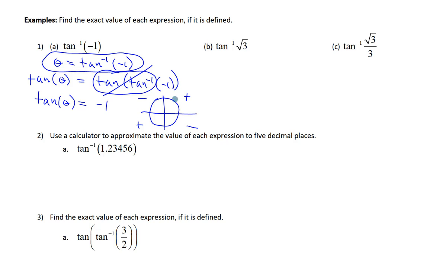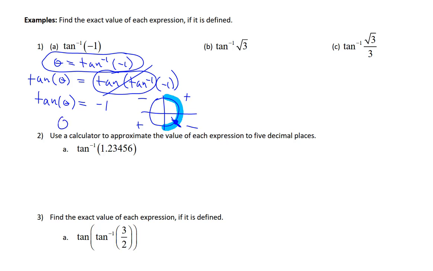So we're going to mark that down or highlight it. Our answer has to be somewhere in that span of really quadrant 1 or quadrant 4. What that does is boil it down for us, right? If the tangent of theta is -1, we know that the 1's are in the middle of each quadrant, but if it's negative, it's got to be in one of these we've now highlighted, which means it has to be in quadrant 4.